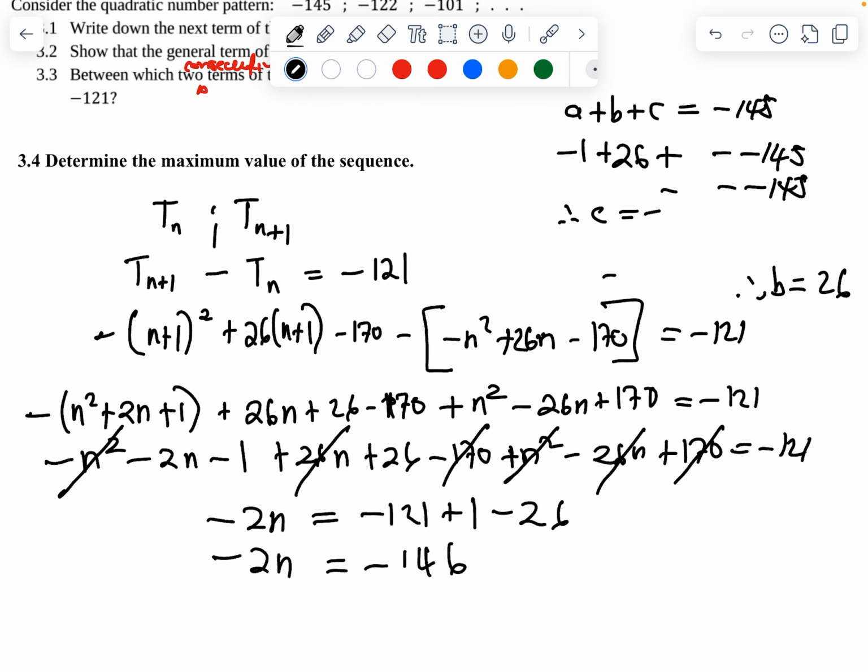Then divide both sides by minus 2, and n is equal to 73.